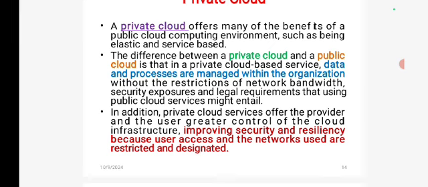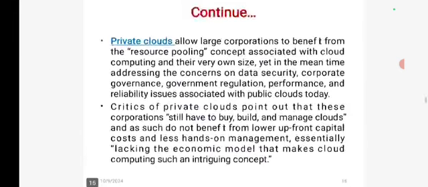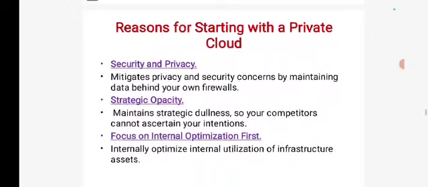In addition, private cloud services offer the provider and the user greater control of the cloud infrastructure, but the main purpose is improving security because user access and networks used are restricted and designated.